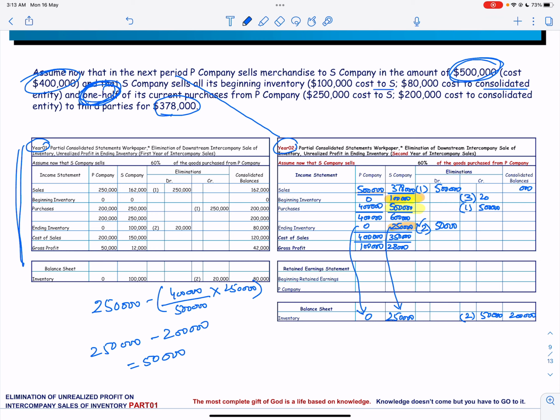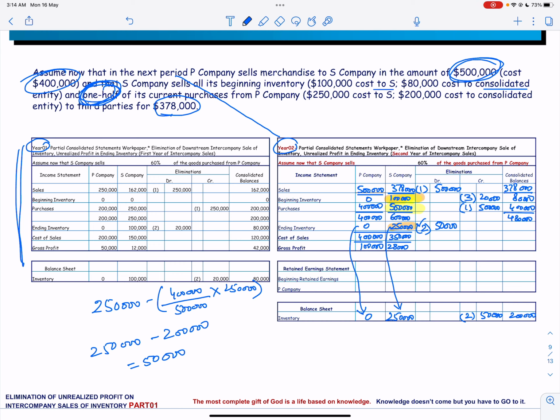We have 20,000, and this was 378,000. This was 400,000, the purchases. So the beginning inventory now is 80,000. So the cost of goods available for sales is 480,000.